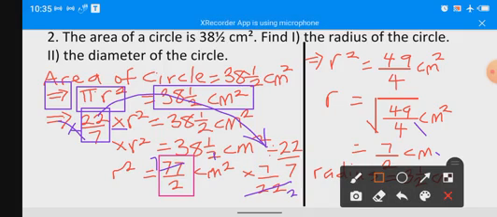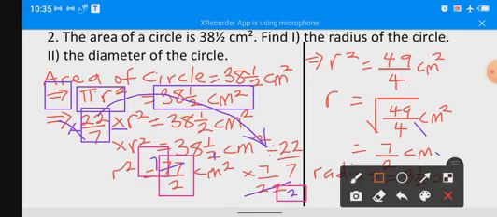So what follows? Whenever you want to multiply fractions, carry out division first. 11 will divide 22 to give you 2. 11 will divide 77 to give you 7.